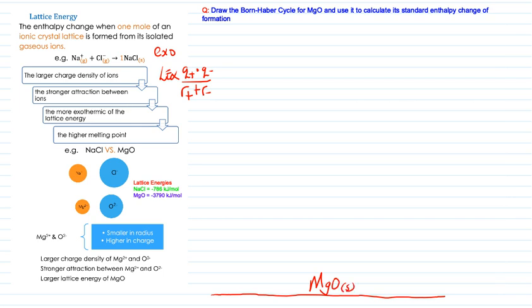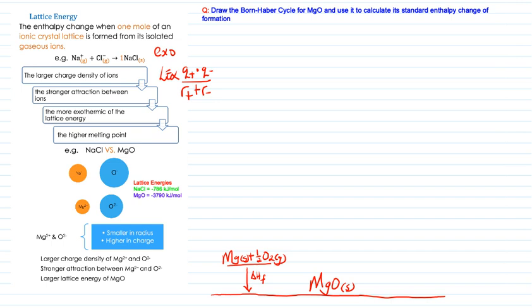It is important to write the state symbols. Then draw an arrow. So the first change we have is enthalpy change of formation. That is what we are looking for. Then we put our elements. We have magnesium in solid state, plus oxygen. We need half a mole of oxygen in gaseous state.